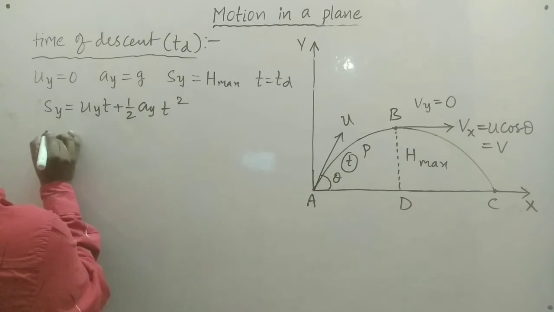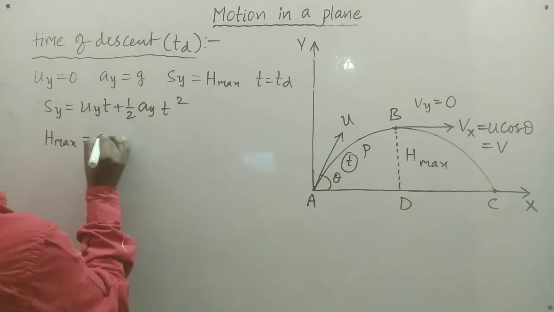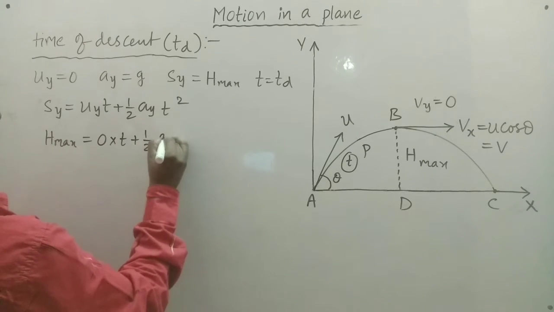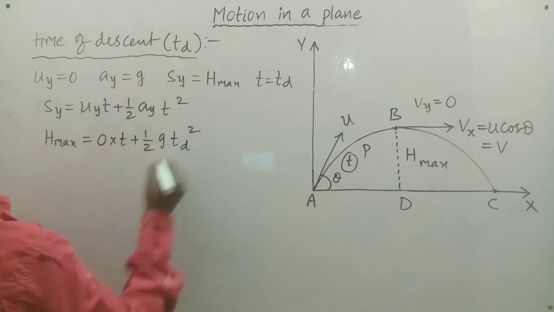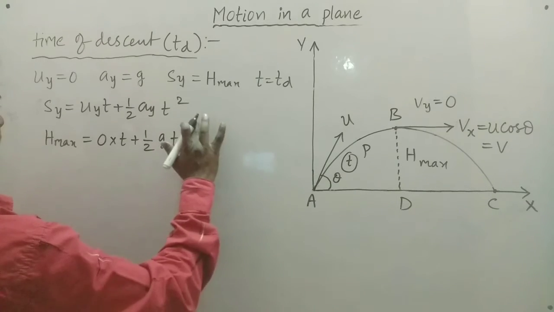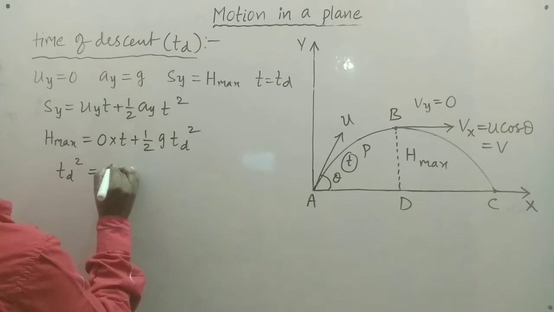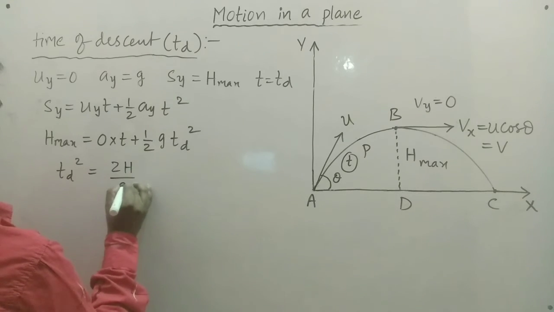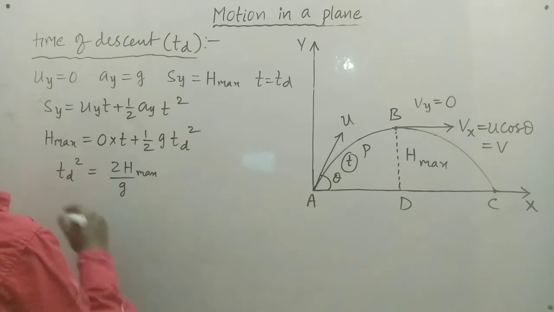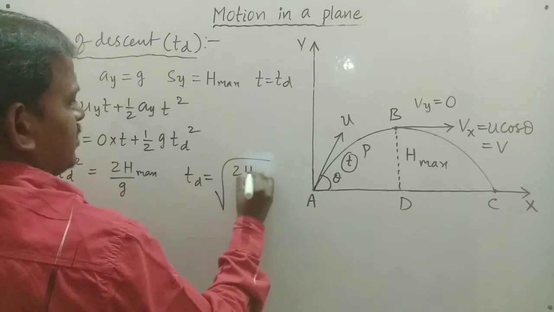Sy is H maximum, Uy is 0, into t, plus half g td square. So td square is equal to 2H by g, that is H maximum. In this case, td is equal to root of 2 H max by g.